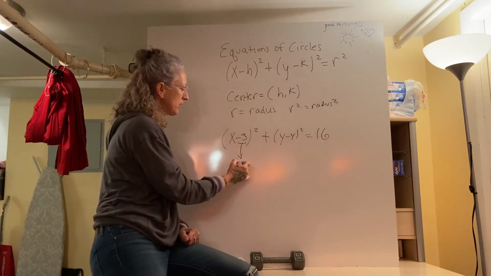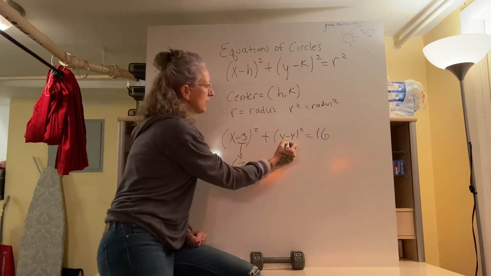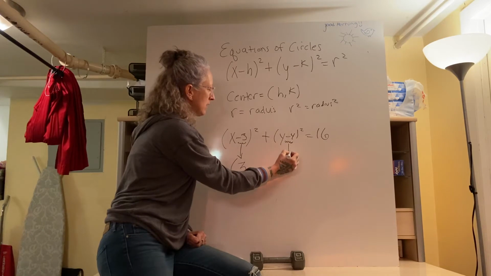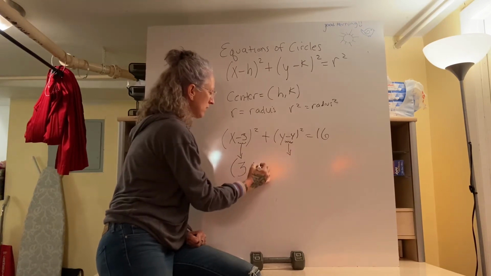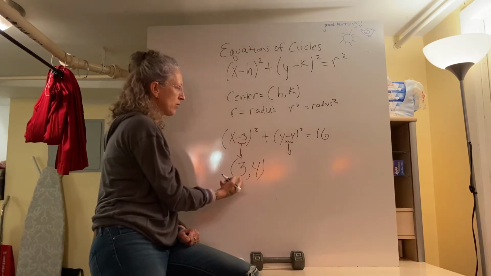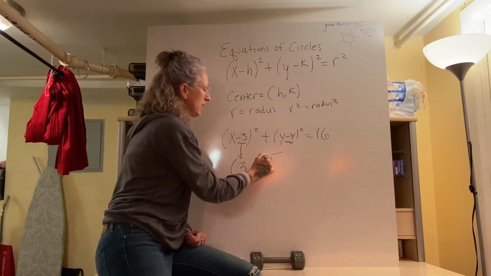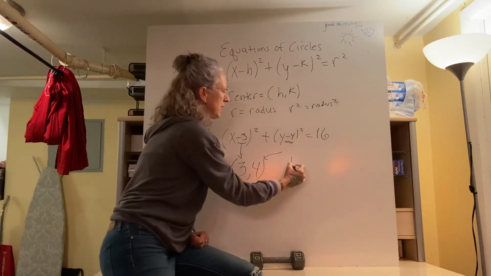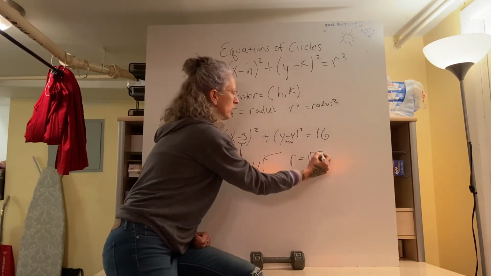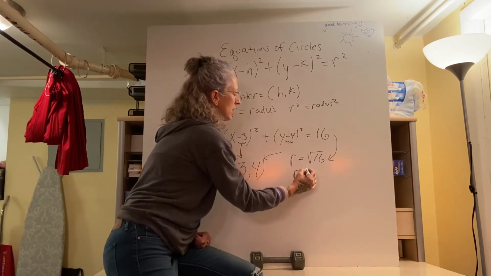So the x coordinate becomes 3 because this is a minus 3. And then the y coordinate becomes positive 4. So the number inside the parentheses with the x is the x coordinate. The number inside parentheses with the y is the y coordinate, okay? And then the radius is going to be the square root of 16. So your radius is going to equal 4.